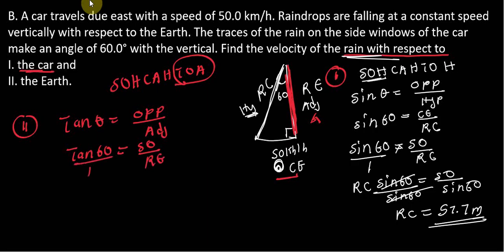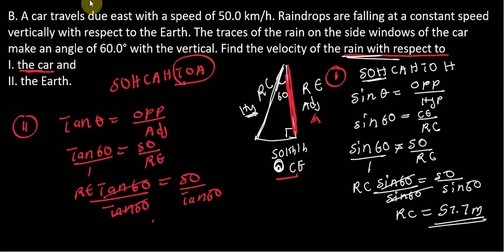So I'll say this time that, meaning it will be RE times tan 60 equal to 50. So you divide here. So RE is equal to, when you divide there, what will be the answer that you get? It will be 28.9 meters. So this is the answer, and this is also the answer. Just like that, simple and straightforward.